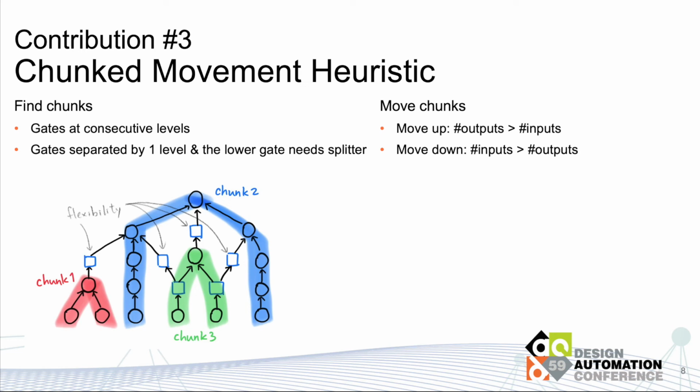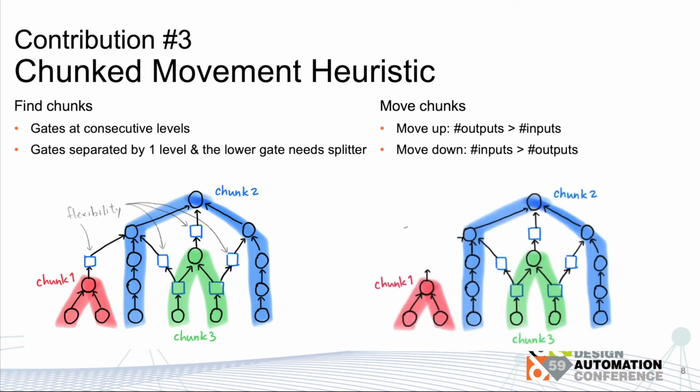Gates in a chunk are either connected at consecutive levels or separated by one level with a buffer, but that buffer is definitely needed because the lower gate has multiple fan-outs, like in chunk 3. The set of chunks form a partitioning of all the gates in the circuit, and the interfaces between chunks are where flexibilities exist to move the chunks up or down.